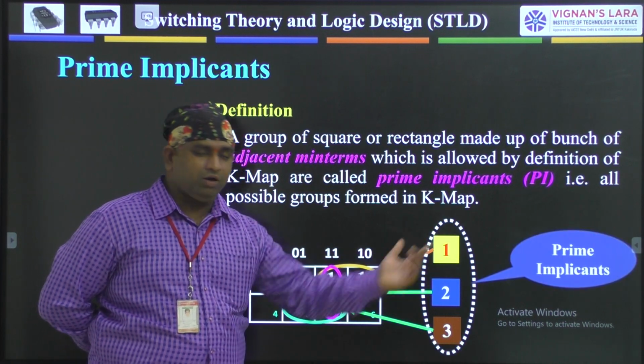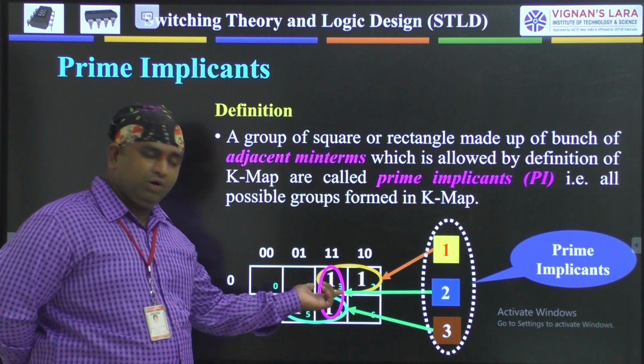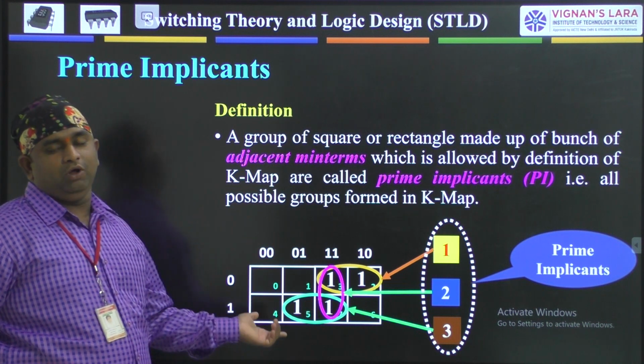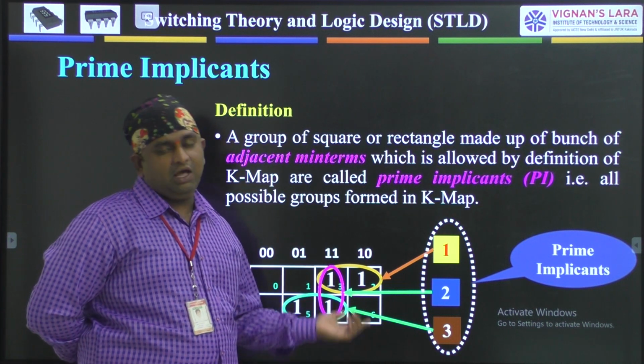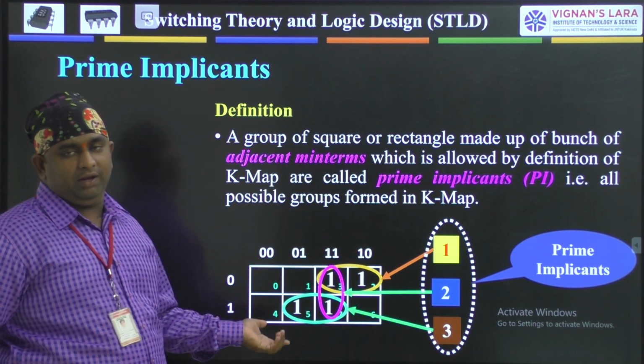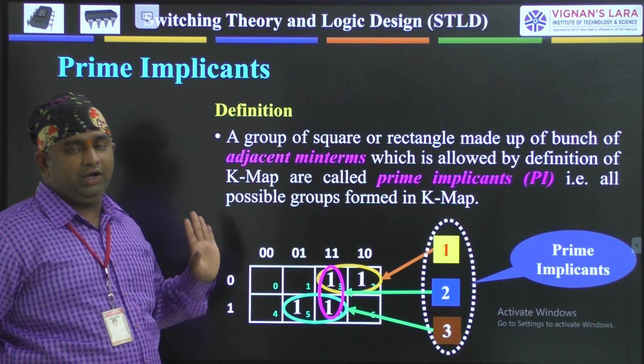Now these three are called prime implicants. There may be no necessity of doing 3-7, but I am representing all the possible pairs, or all the possible quads, or all the possible octets, whatever it may be. Each group we call a prime implicant. This is very important. Remember.